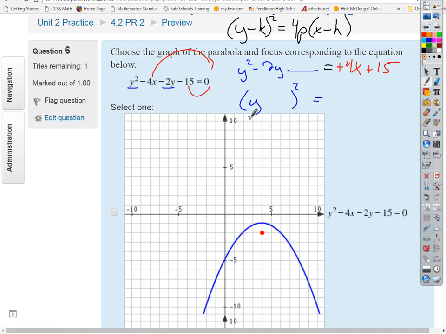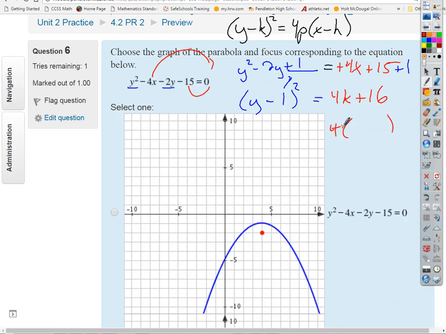Ah, good. B is negative 2, so it's going to be y minus 1 squared. But y minus 1 squared factors from y squared minus 2y plus what number? 1. Good. So I've got to add 1 to both sides, right? Then on the other side, we get 4x plus 16, right? So I've got to factor that 4 out on this side.